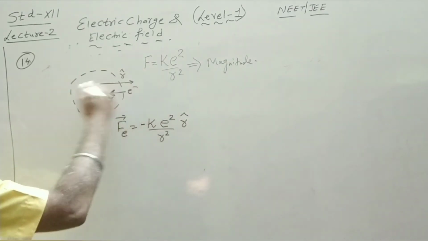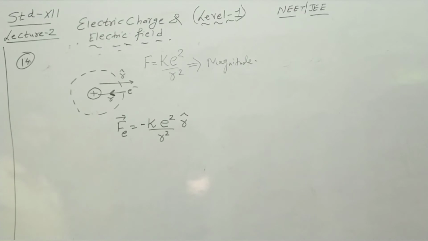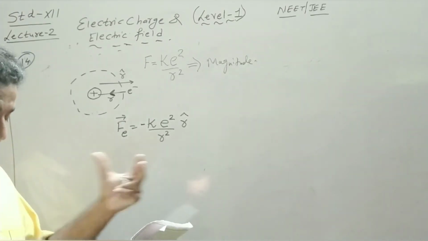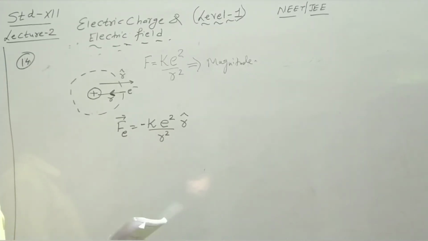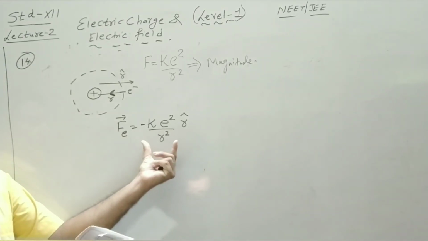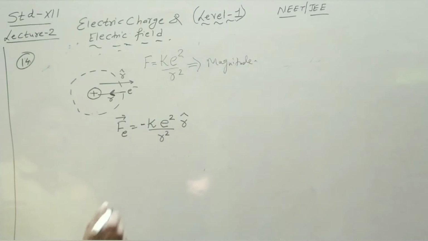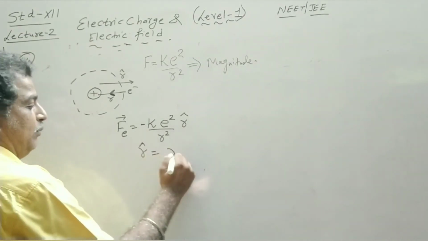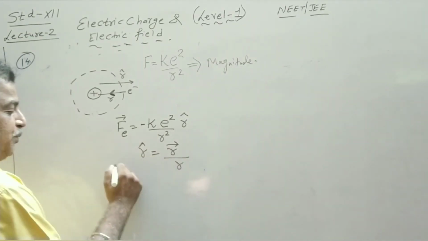So minus sign indicates that it is opposite in direction. Now this is one answer, but if we see the options, there is no answer given in this form. So we know that a unit vector can be written as vector divided by its magnitude.